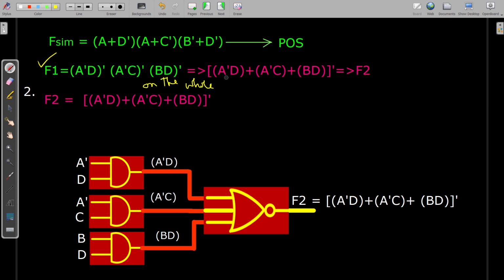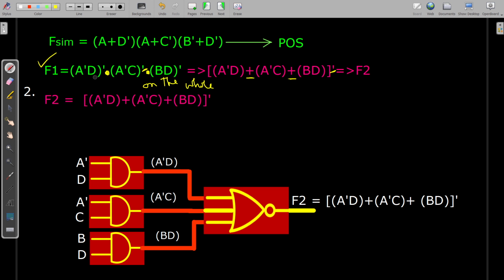So what we do, a dash d, then here you have this dash, isn't it? The dash is replaced here because we are taking the complement. Then this dot is replaced by plus. Then here also this dash is removed, and this dot is now replaced by plus, and on the whole we have no bar, but this bar is provided here. Okay. So you will be getting this second function.